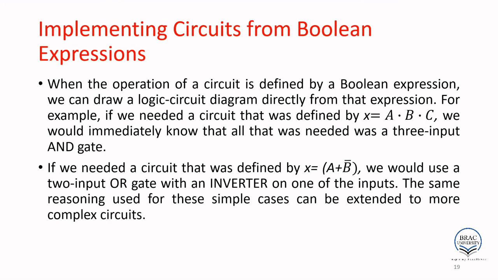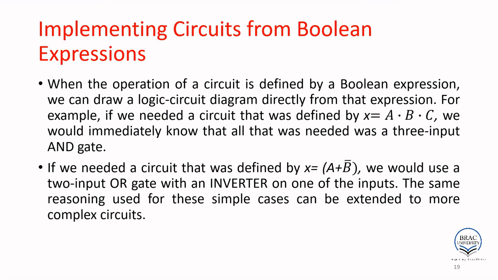Implementing a circuit from a Boolean expression. When the operation of a circuit is defined by a Boolean expression, we can draw a logic circuit diagram directly from the expression. For example, if we needed a circuit defined as x equals A dot B dot C, we would immediately know that all that was needed is a 3-input AND gate.